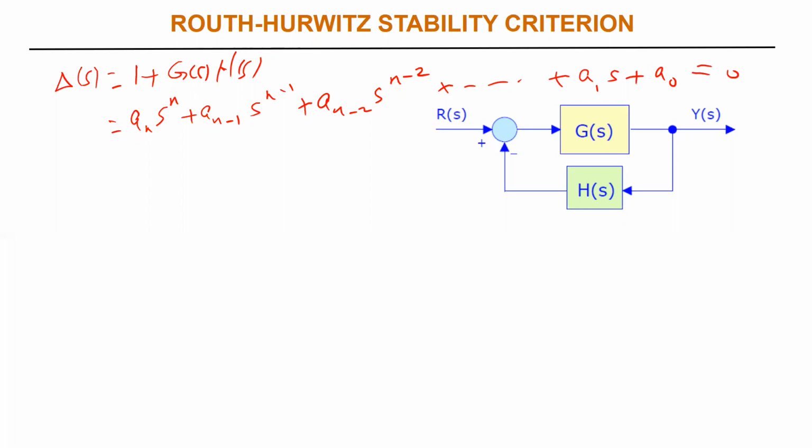The Routh-Hurwitz criterion comes in by making a matrix. The rows are s^n, s^(n-1), s^(n-2), until s^1, where the first two rows of the matrix will be taken from the polynomial.